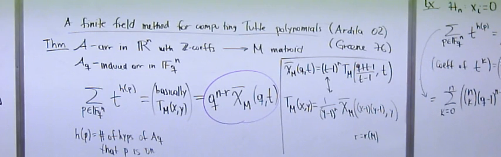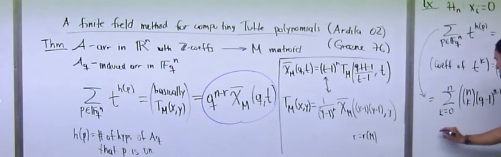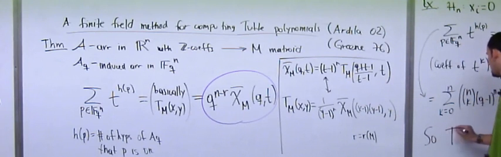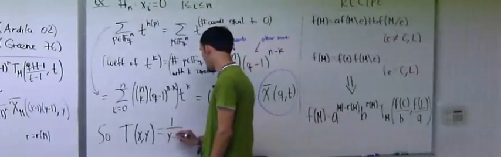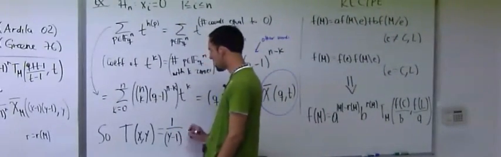So by solving this enumerative question, I found this polynomial. And now using this, I can get the Tutte polynomial. So the Tutte polynomial is equal to, I just have to plug into this recipe over here, which says I should compute 1 over (y minus 1) to the r, which I said is n.